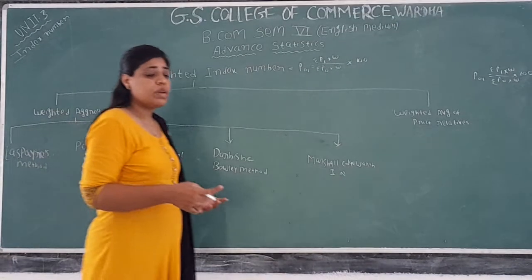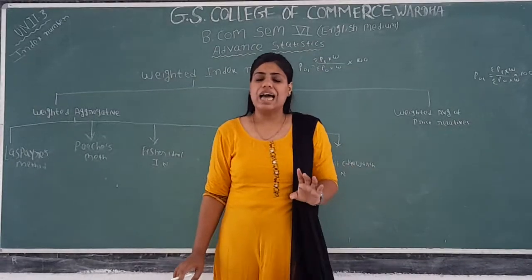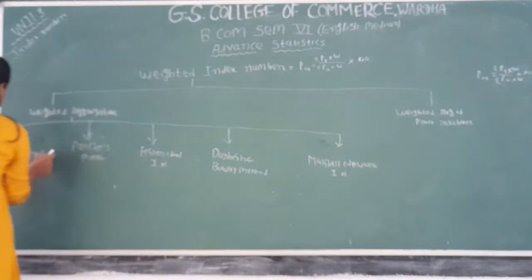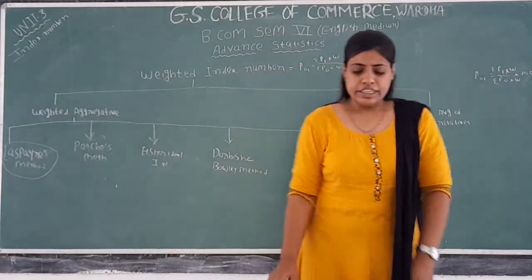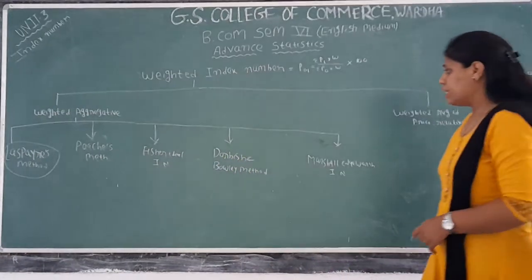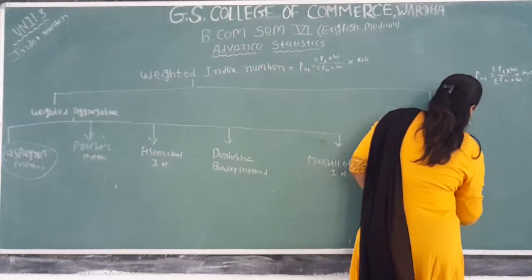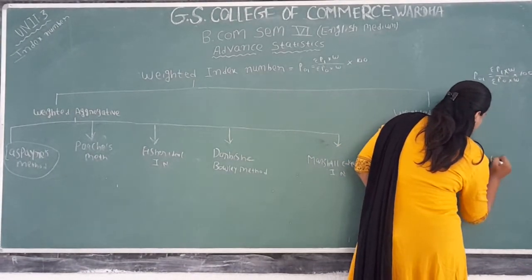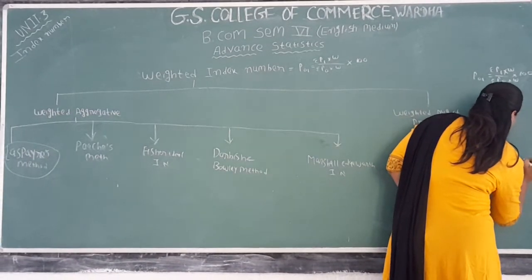Here we are going to see the formulas which need to be used under different methods. But before that, keep one thing in mind very clearly. When we talk about the Laspeyres method, here the quantity of base year is used as weight.